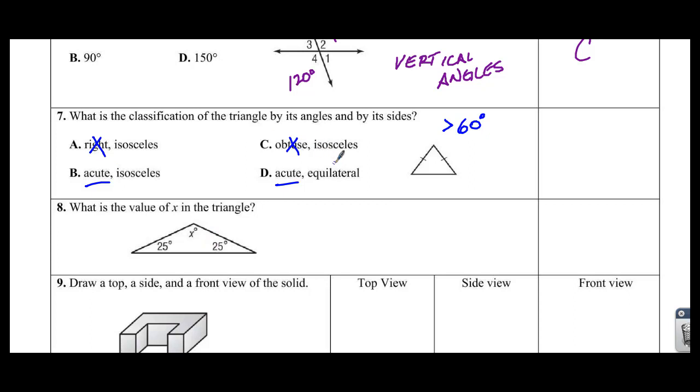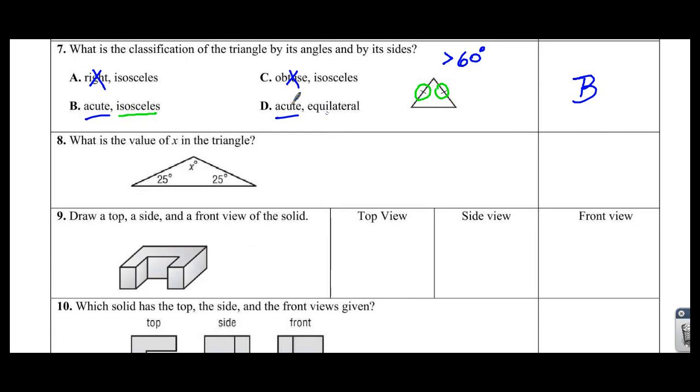So is it equilateral or is it isosceles? Well, since we only have two sides that are the same, we know that it is isosceles, and our answer is B. That's an acute isosceles triangle. What a cute little triangle.